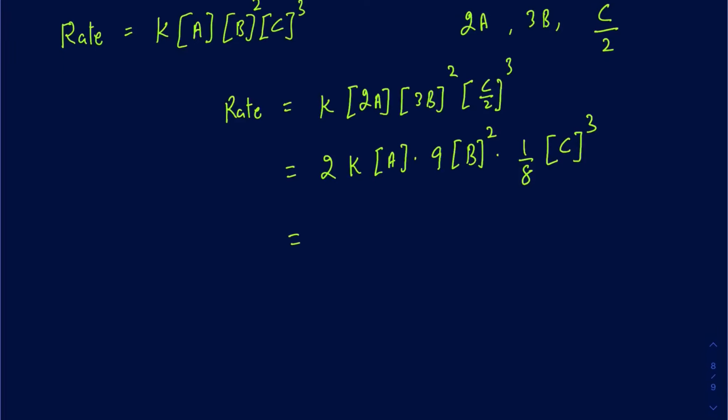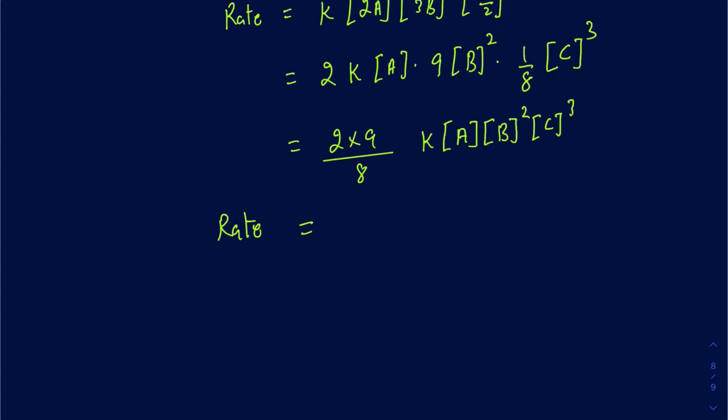So then all those numbers come out to be 2 times 9 divided by 8, and then the rest of the stuff stays the same as you have seen in the original rate law expression. When I do this math, it's 9 times 2 divided by 8, so that comes out to be 2.25, and the rest of your stuff stays the same.